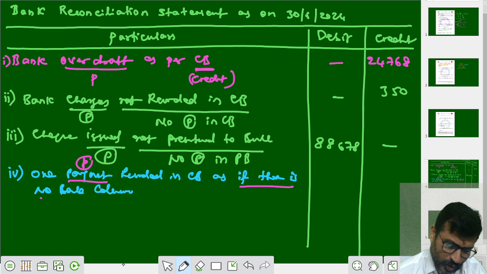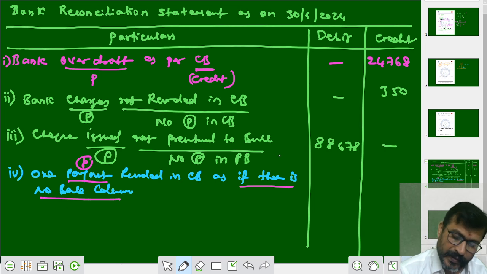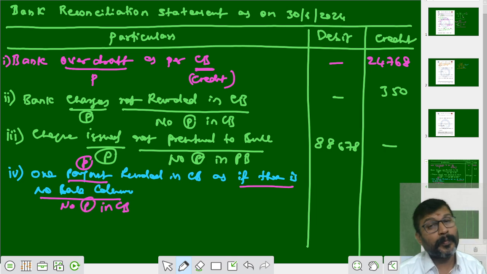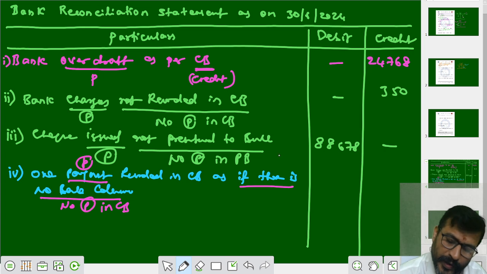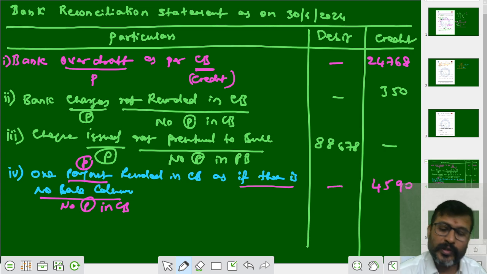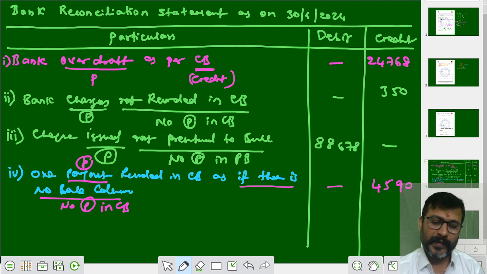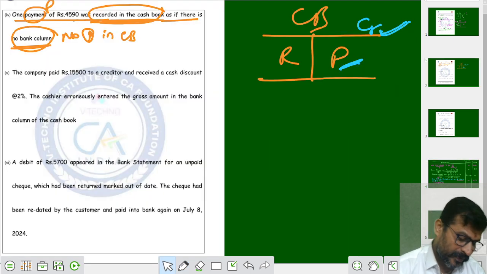As if there is no bank column means we can say no payment in the cash book. No payment in the cash book means no credit in the cash book. So where do we have to take it? Supposed to take it in the credit side, 4,950. Fine. See the next concept.